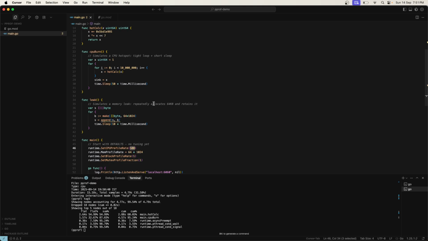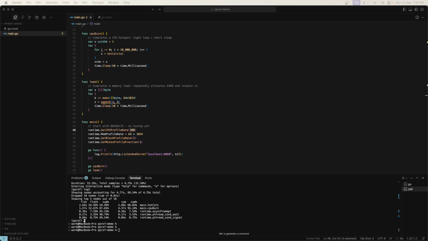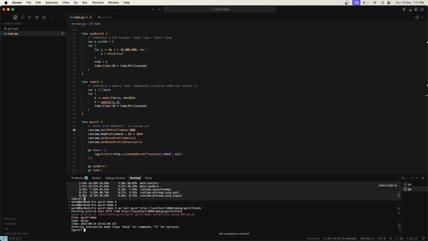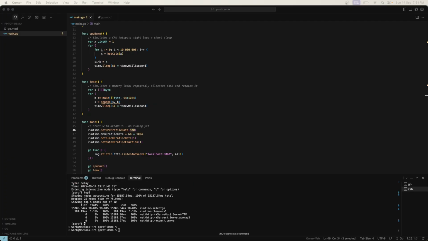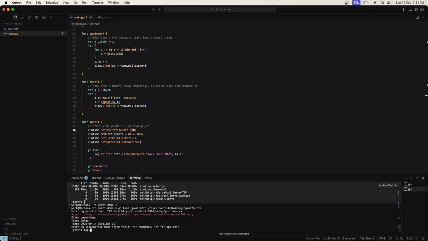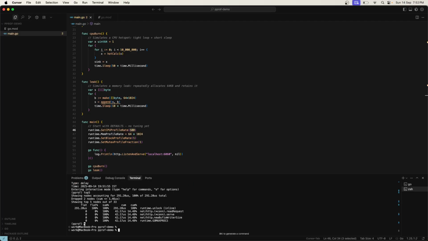So yeah, let's also try to see the mutex part and the block part. Generally there is nothing. Yeah, so block and mutex profiles are empty by default, as I mentioned before.